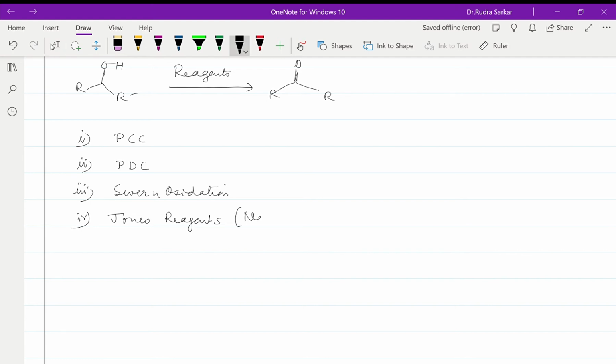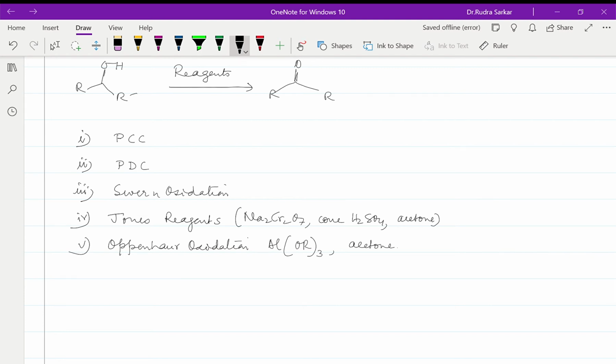So Jones reagent is basically Na2Cr2O7 in presence of concentrated H2SO4, solvent being acetone. We may also use the Oppenauer oxidation process, and here we will use aluminium trialkoxide in the presence of, say, acetone.